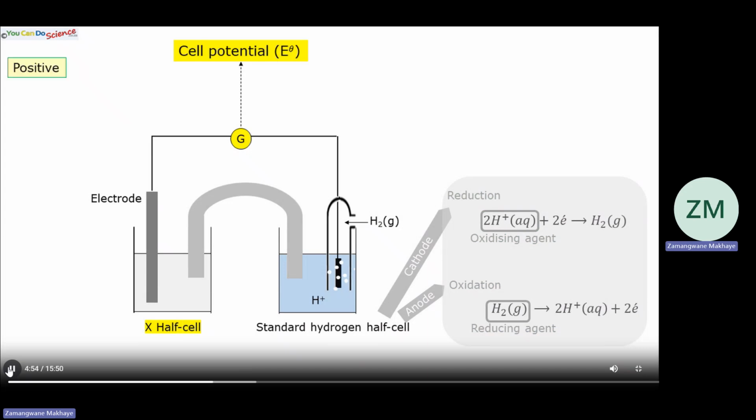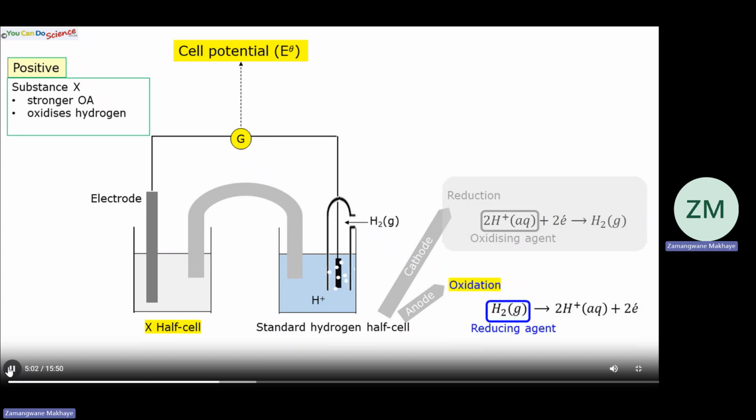If the cell potential is positive, it means substance X is a stronger oxidizing agent than the hydrogen ion, and it then oxidizes hydrogen, while X itself is reduced. This electrode is then the cathode, and the platinum electrode of the hydrogen half cell is the anode.